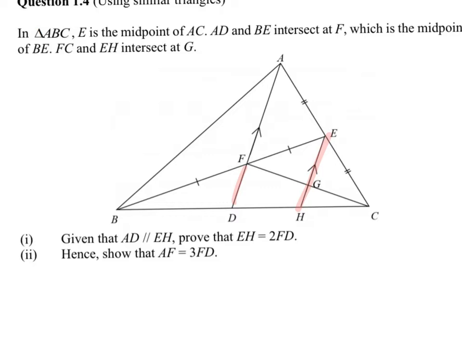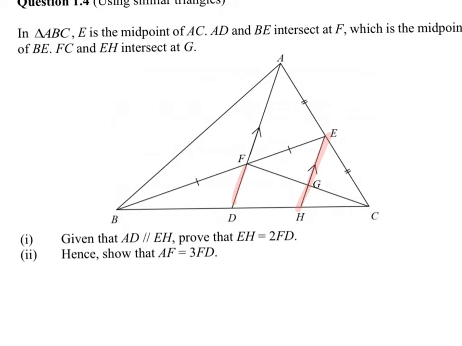Usually when you are asked to show a certain ratio, like this side is 5 times that side, or that length AB times CD is equal to 3, or to show a product of two lengths, usually the ratio comes from proving similar triangles. So let's take a look at this question.